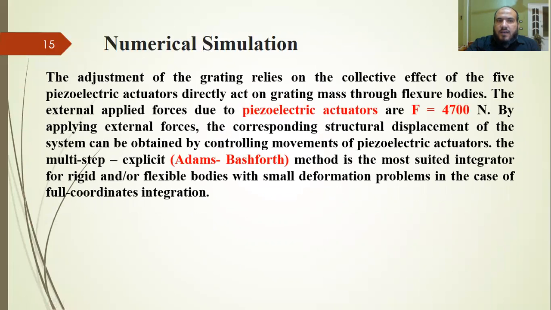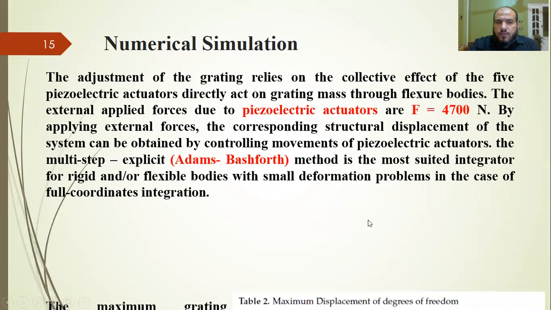The external applied force comes from the piezoelectric actuator, and it is about 4,700 Newton. The Adams-Bashforth integrator method is used in the integration process because it is suitable for system equations that have rigid and flexible bodies with small deformation problems.